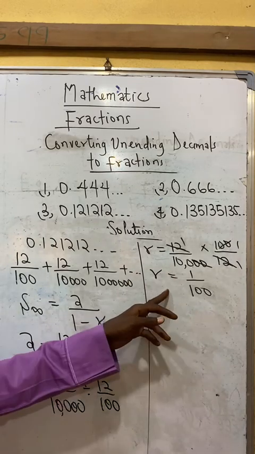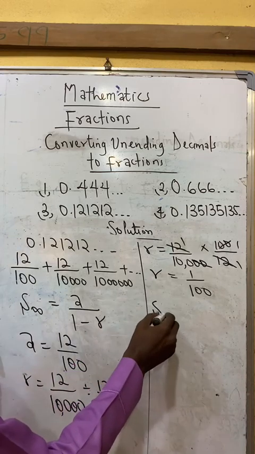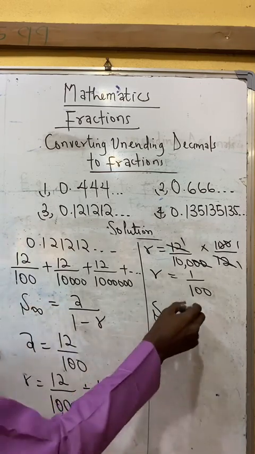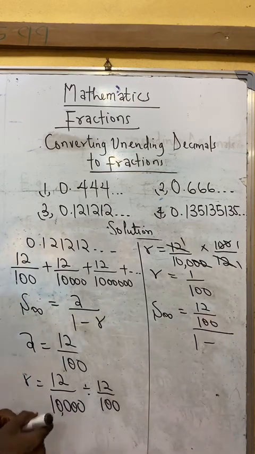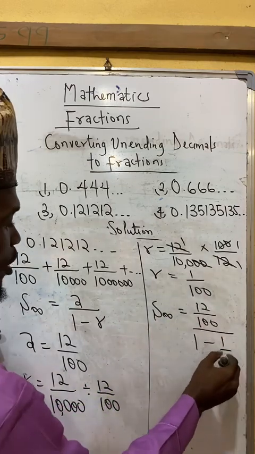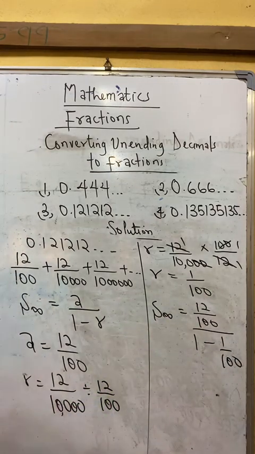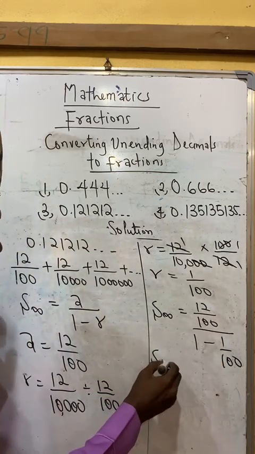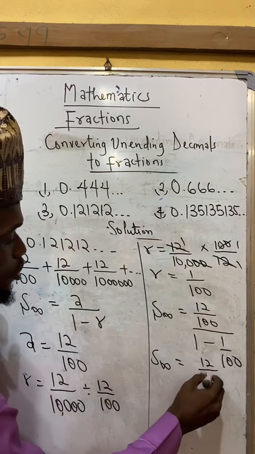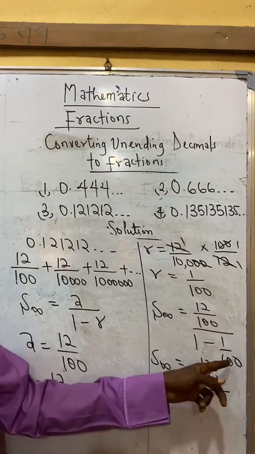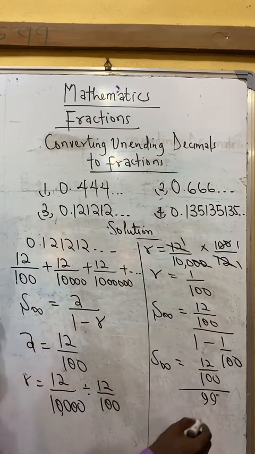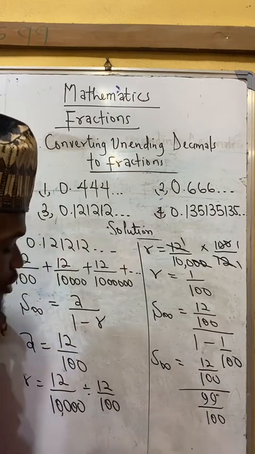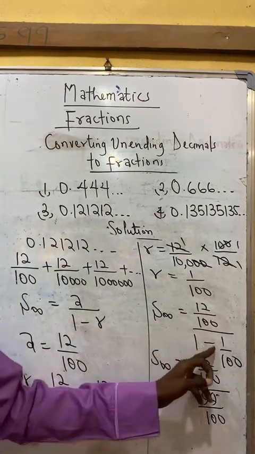From there, I will substitute this in the formula. Sum to infinity equals A, which is 12 all over 100, divided by 1 minus R, which is 1 all over 100. Don't bother yourself when subtracting a fraction from 1. Just say 100 minus 1, that's 99, so 99 all over 100 again, since we are subtracting it from 1.